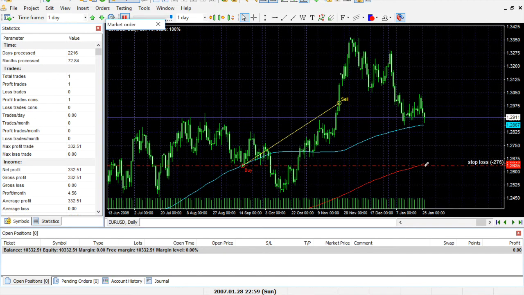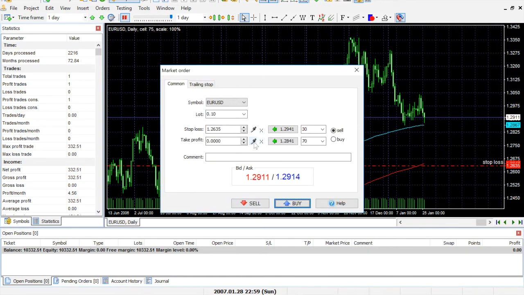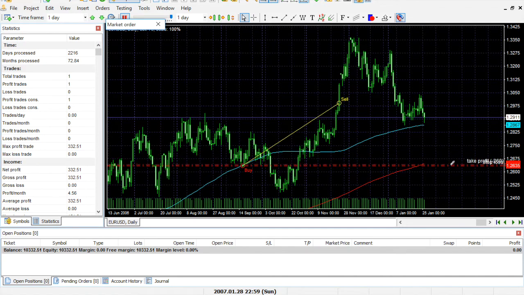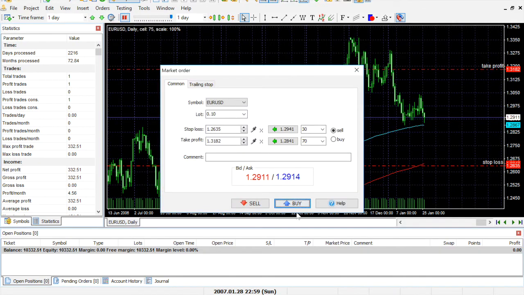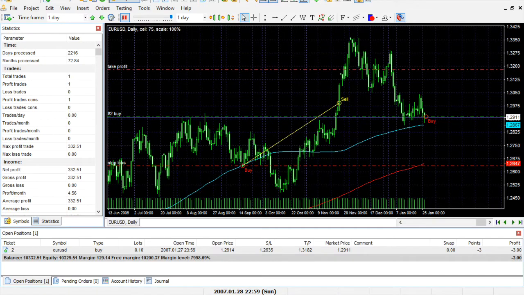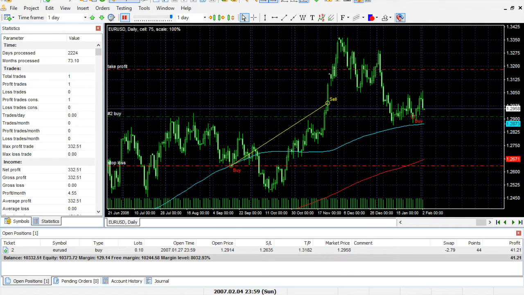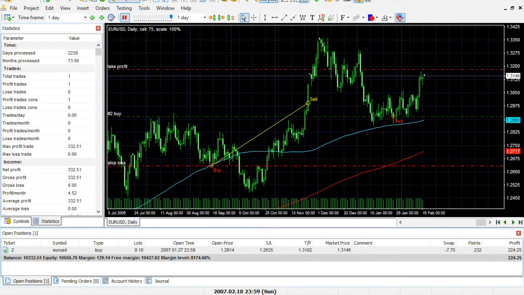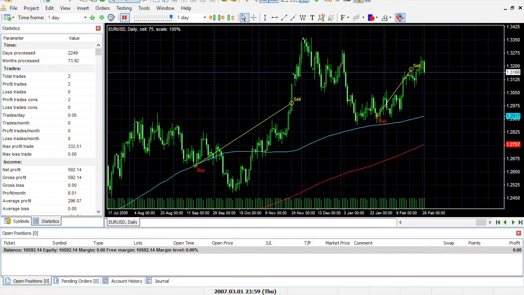Stop loss just below the 300 period, and the take profit the same amount of pips in the other direction. Okay, now let's see how this pans out. Yeah, and we're out again for another positive trade.